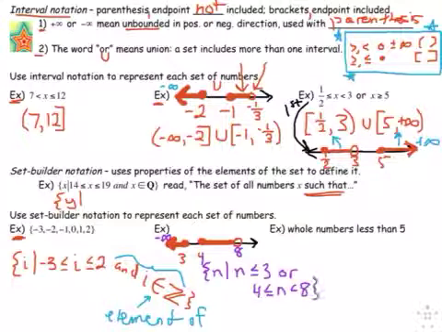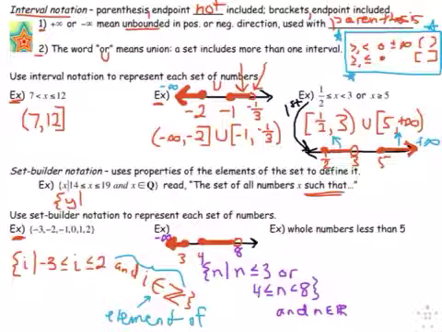Because it's the set of reals, I don't need to include the and n is an element of the set of reals. It's implied, kind of like you don't write 1 in front of x, it's implied that it is just one copy of x.